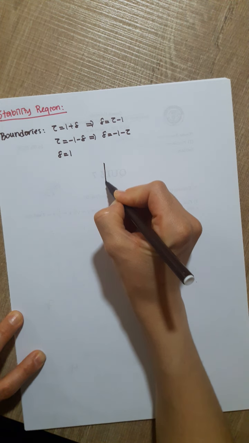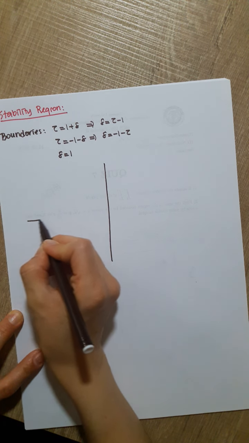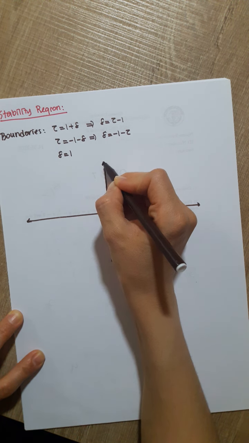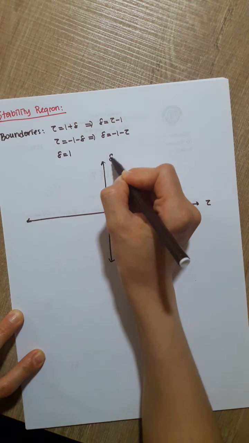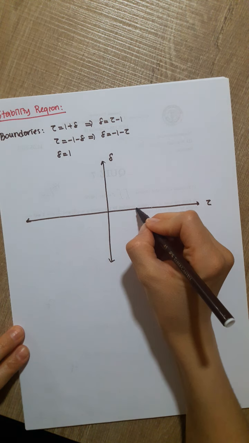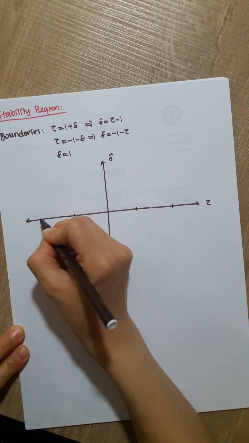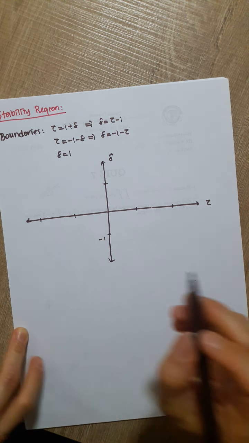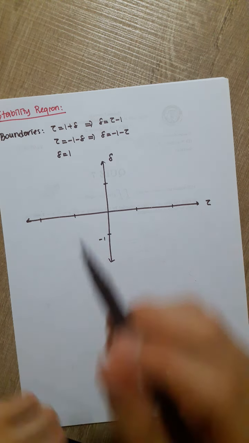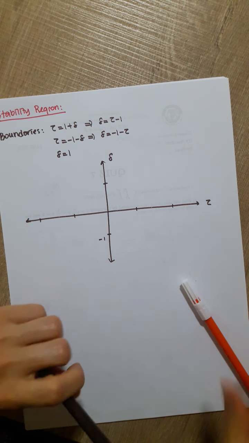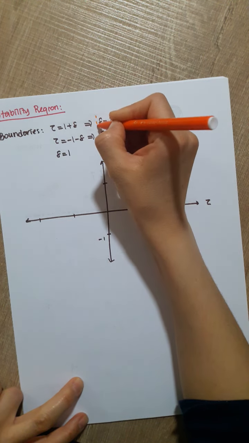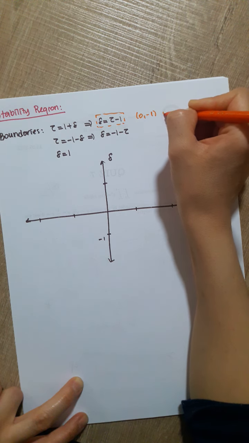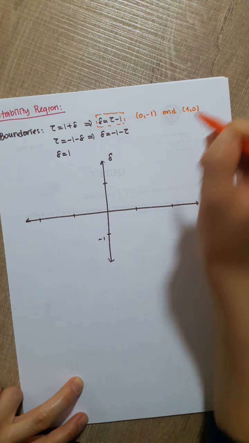Okay, so I have tau versus delta in the coordinate system. This is 1, this is 1, this is 2, this is minus 2. I have 1 here also, minus 1 here also. These are lines, right? This line passes through 0, minus 1 and 1, 0.